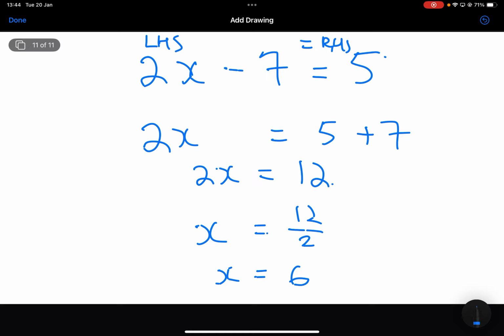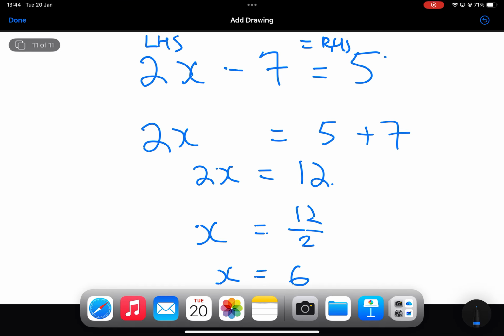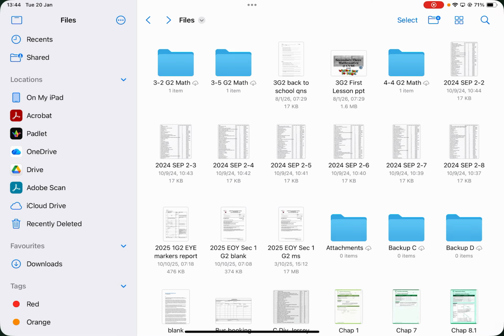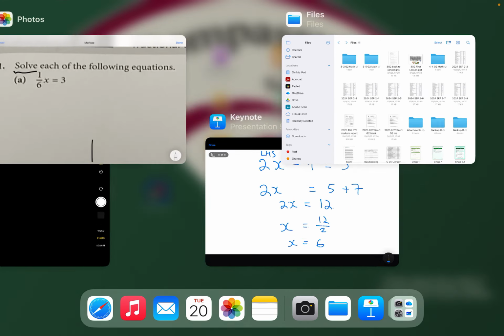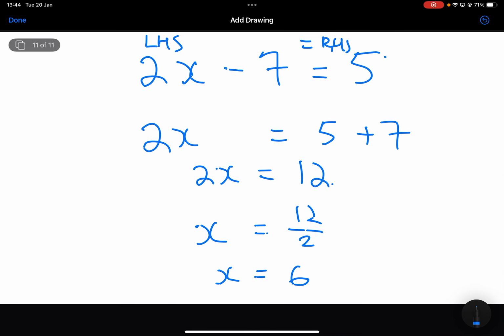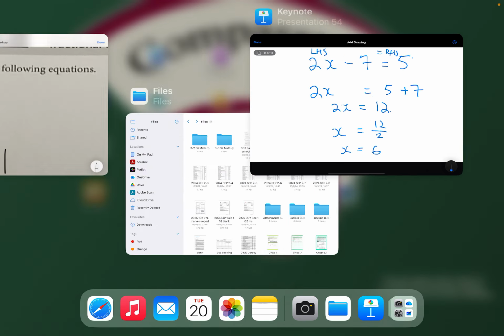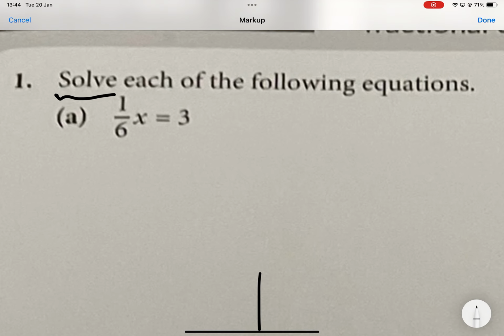It's a new clue until it's a solution. X is 6. So this idea of solving equation is always the same, even now when you have your equation more complicated.